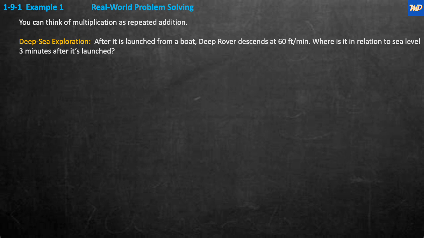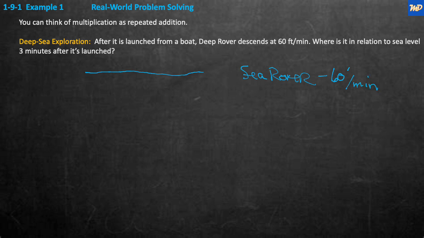Well, let's draw a picture. So we've got sea level right here with a little bit of waves on the water. We know that the sea rover can descend 60 feet per minute. Okay.